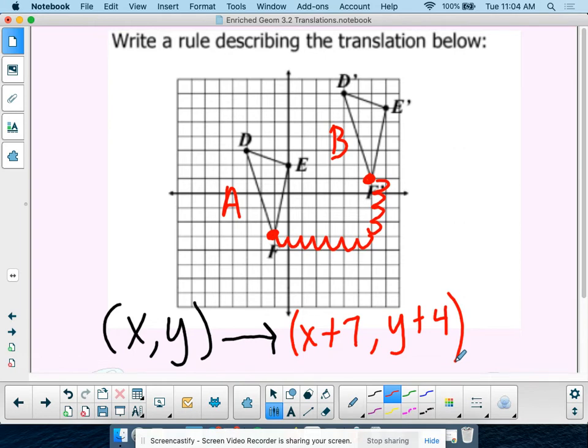Okay, the last one on here is kind of a doozy. We're doing 2 different things. So you guys get a head start and graph the original image of GHI, triangle GHI.